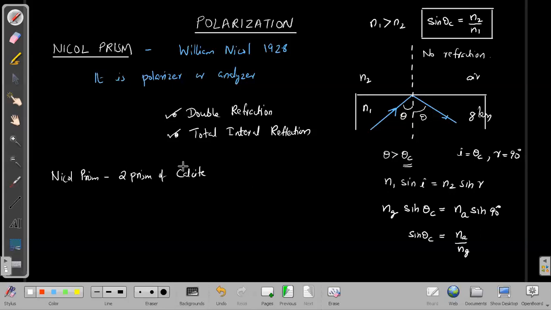Now they have put together both the prisms using an adhesive called Canada balsam. So two prism of calcite sticked by an adhesive called Canada balsam.